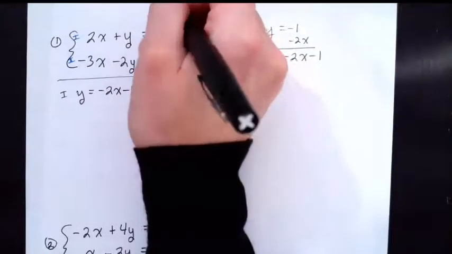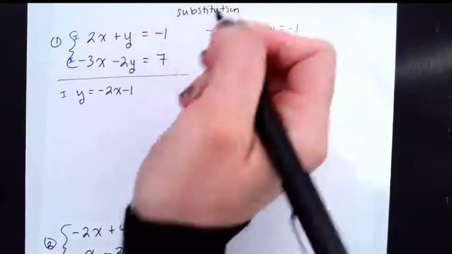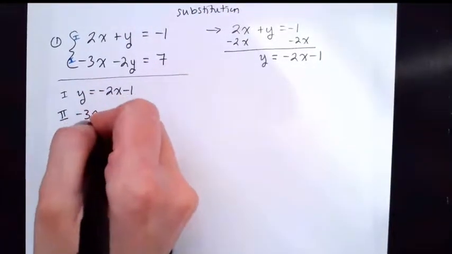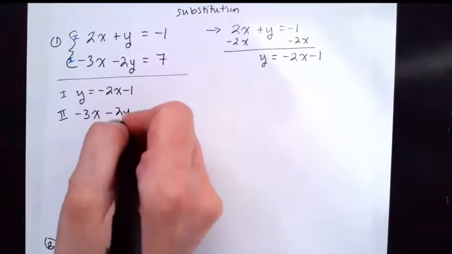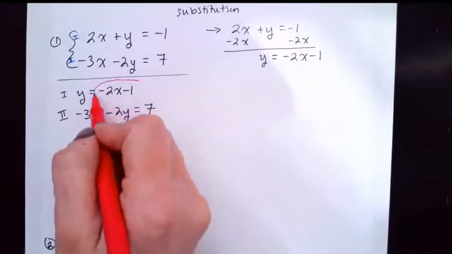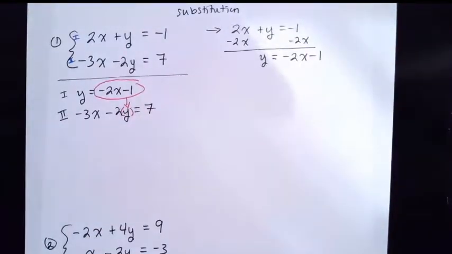And again, we're using the substitution method. My second equation will stay the same. I only need to solve one of my equations for one of the variables. Since I solved the first one for y, I need to take that expression for y and replace it in the second equation.